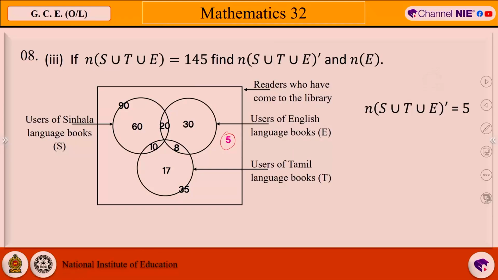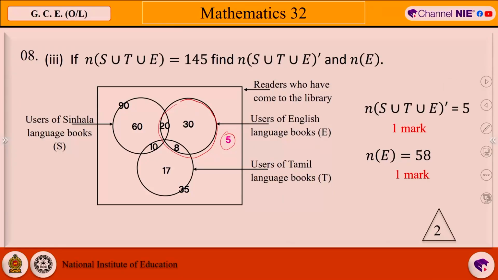And what is n(E)? Here we have to find the total of this circle, which is 20 plus 30 plus 8. You get the answer 58. For these two parts, you will get another 2 marks. That is the third part of the 8th problem.